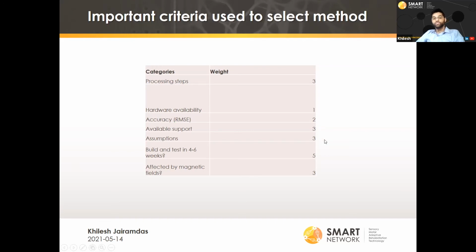So for assumptions, I mentioned some of the assumptions built into these algorithms. Like for the first one, there is that very limiting coplanar assumption. It can be a real big problem, for example, because the IMU right now is mounted right on top of the EMG sensor. But we know that with the EMG sensor, you need the freedom to be able to move this EMG sensor wherever you get the best contact with the muscle belly.